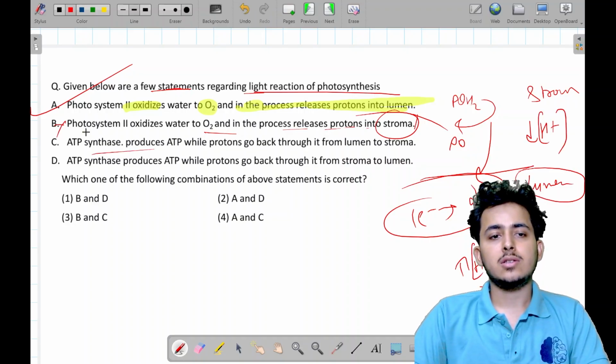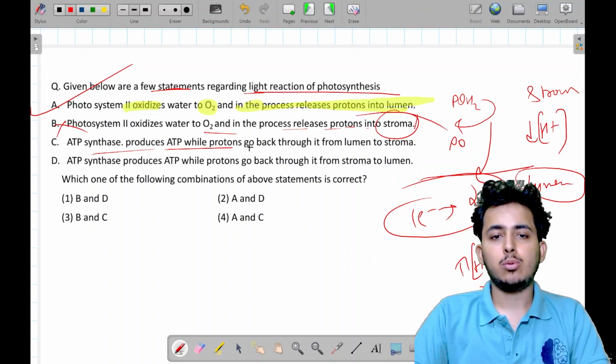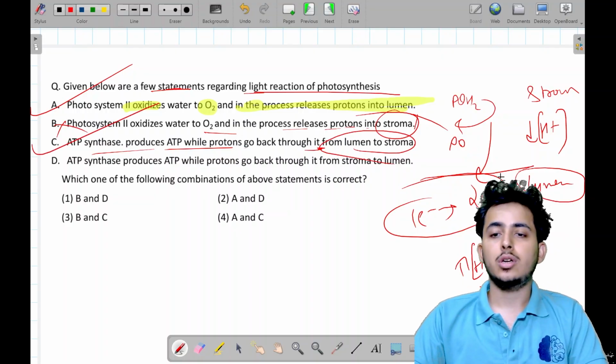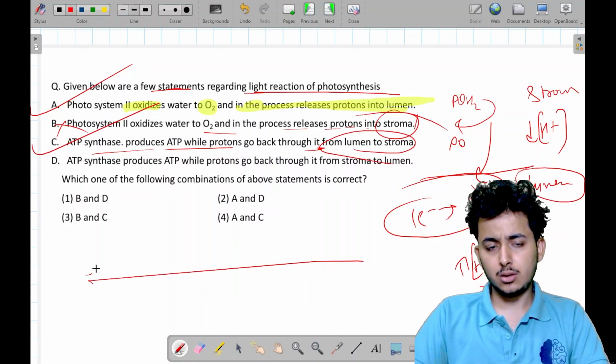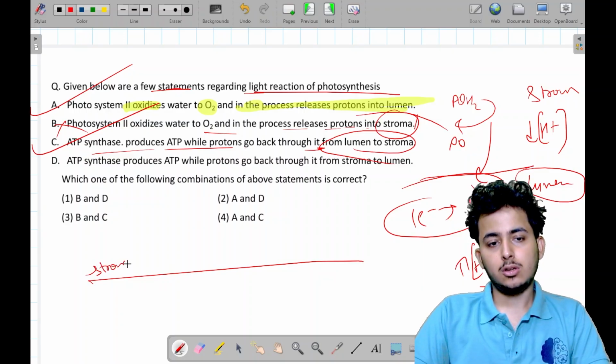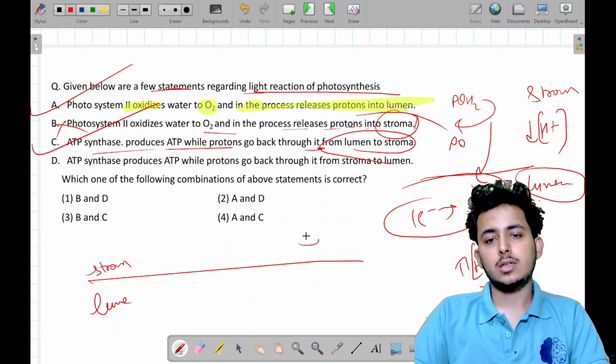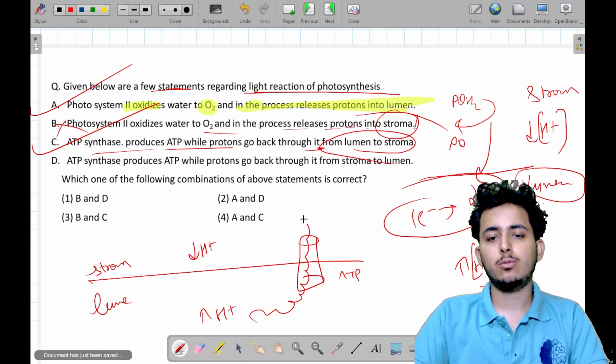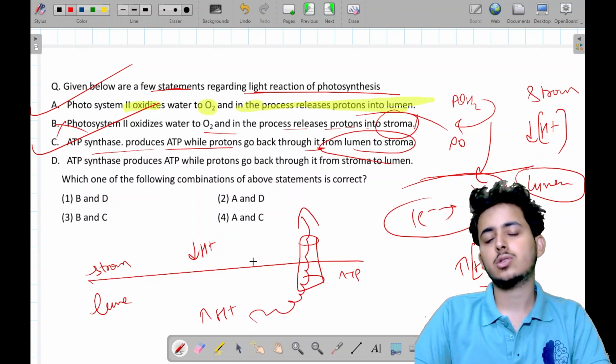So in the lumen there is a high concentration of protons, and in the stroma there is a low concentration of protons. ATP synthase produces ATP while protons go back through it from lumen to stroma. Absolutely correct, guys. If this is your stroma and this is your lumen, there is the ATP synthase, with a high concentration of protons on one side and a low concentration on the other, and a movement of the protons from the lumen to the stroma.